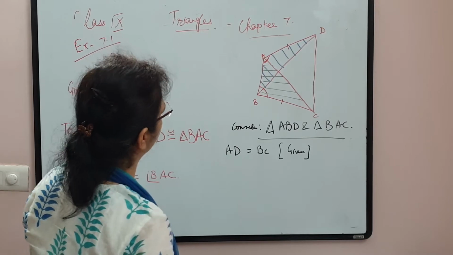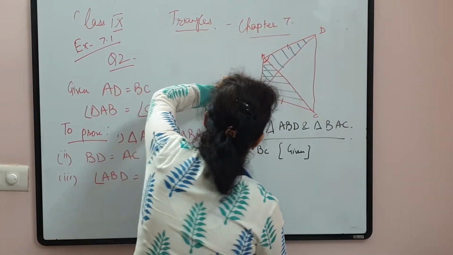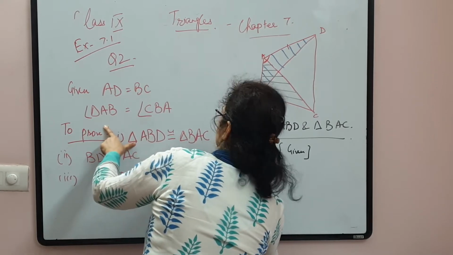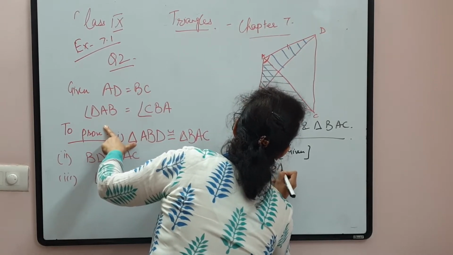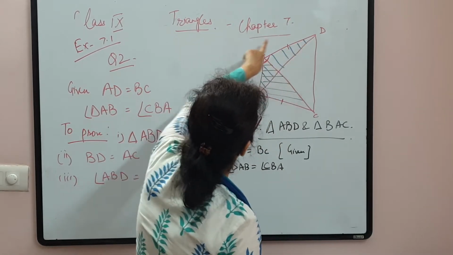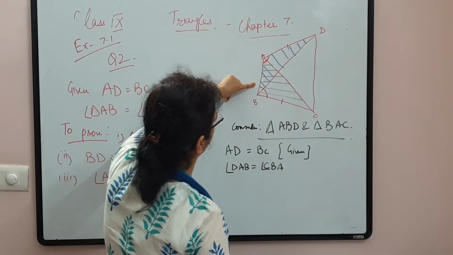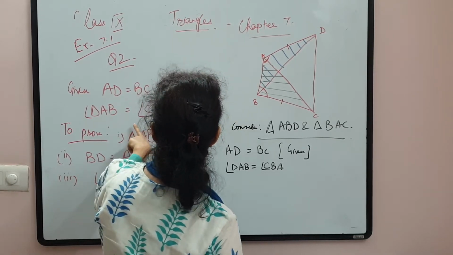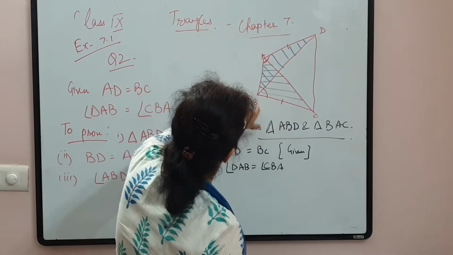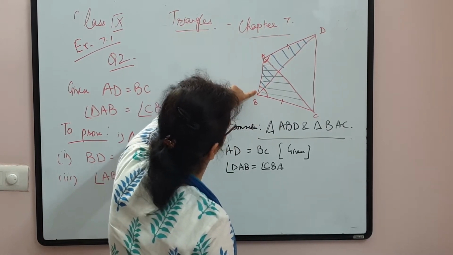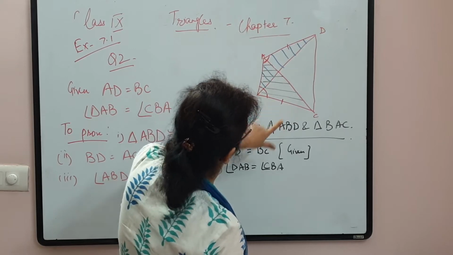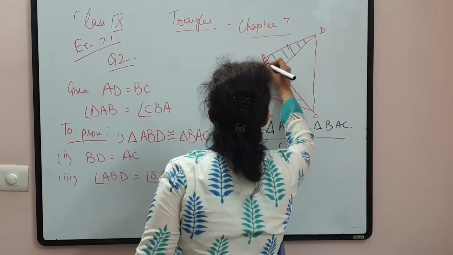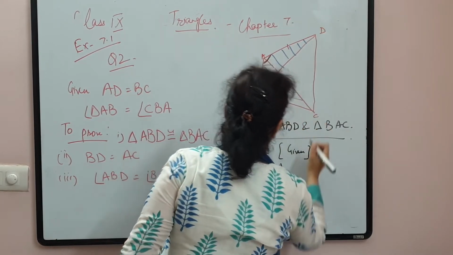Second thing that you know is angle DAB is equal to angle CBA. Children, DAB is an angle of the triangle ABD and angle CBA is an angle of the triangle BAC. These two angles are equal, DAB and CBA, that is this angle and this angle.